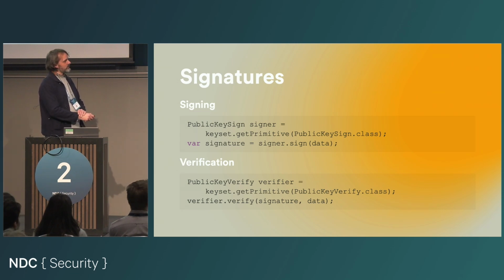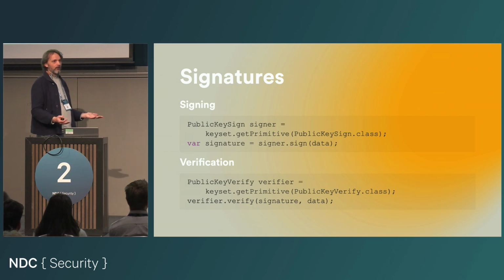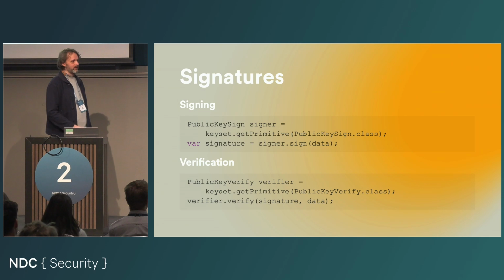And secondly, most signature APIs return a Boolean. You ask, is this valid or not? And it returns a Boolean, yes or no. But it's really easy to just not check that Boolean return value, right? The code will still compile if you don't check it. Even in code review, quite often you wouldn't notice that somebody is not checking the result of the verify.